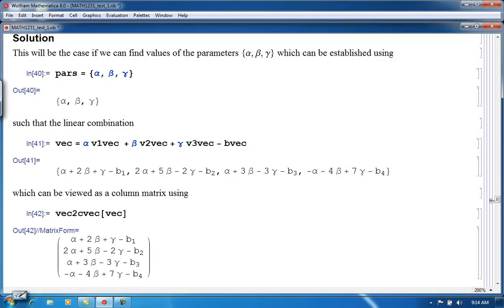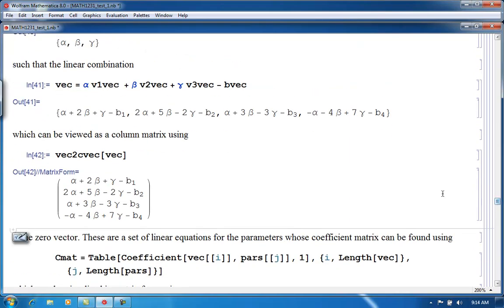Well, we can see that that is a set of 4 linear equations for the 3 parameters alpha, beta, gamma. So we can dig out their coefficients in the usual way. We look at the coefficient, say, of the second variable in the first equation, and we can do that for all the equations, and we get this coefficient matrix.